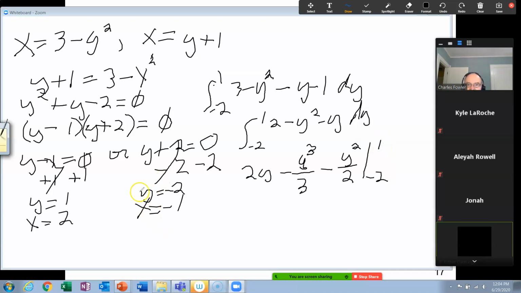Okay, now let's do the 1 first. 2 times 1 is 2, minus 1 cubed is 1, so that'd be 1/3. Everybody see what I'm doing? Minus, okay, 1 squared is 1, so that would be 1/2. Okay, now we're going minus.